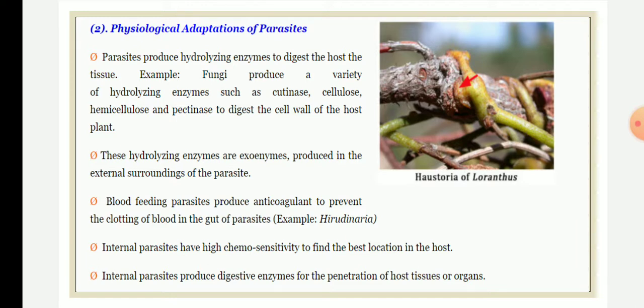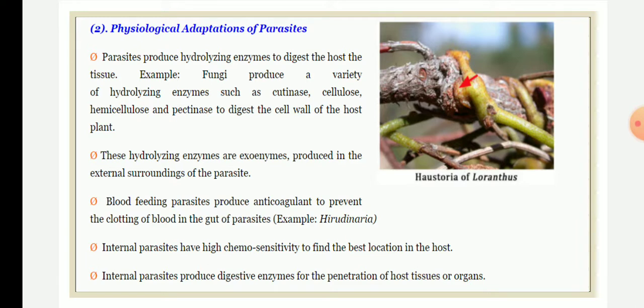Thus locomotory organelles are completely lost in parasites, and if found, they are minute. In free swimming larval stages, locomotory organs in the form of cilia are present, for example the Miracidium larva of Fasciola hepatica.